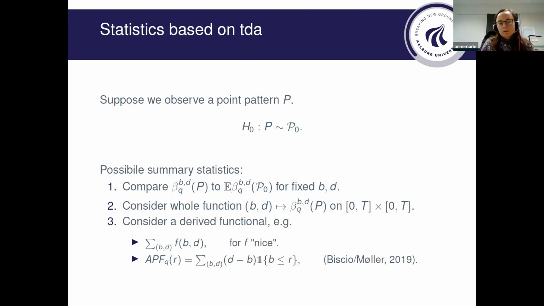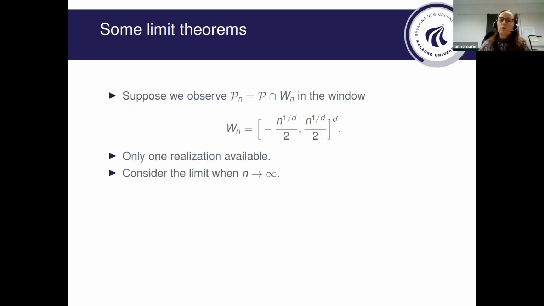So as I said, these results typically hold only when we have enough data. And very often in practice, when you have point processes, we only have one realization available. If you have many realizations, then the standard tools for central limit theorems apply. But if you only have one realization, what we mean by enough data is that we observe the point process in a large window.